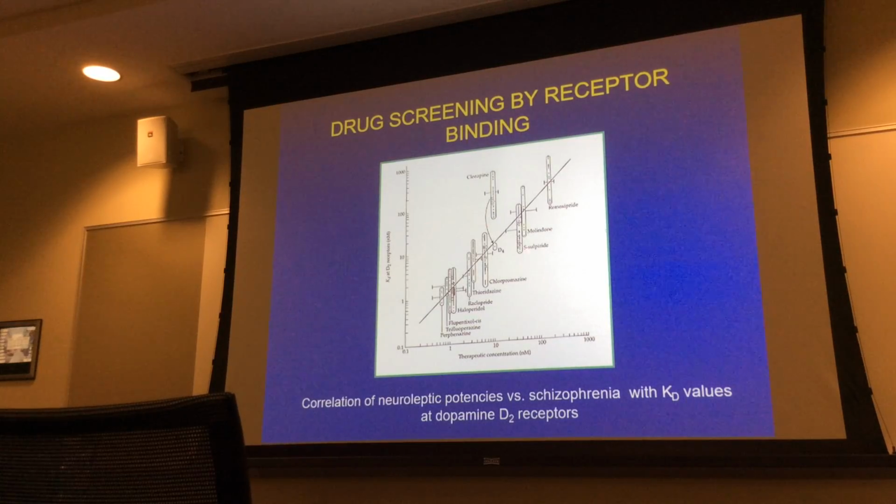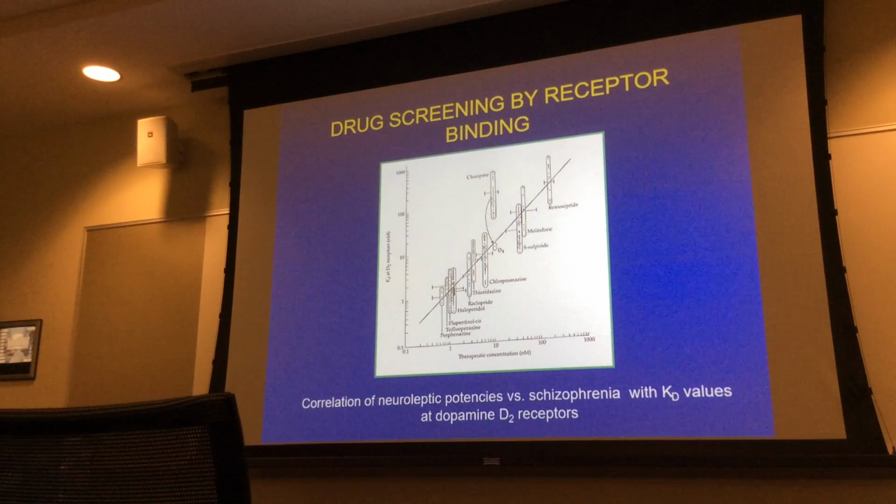So if you're developing a new drug, all you have to do then is measure their affinity not only at dopamine D2 receptors, but at cholinergic receptors and alpha adrenergic receptors, and that will tell you in basically one day, not only how potent the drug is going to be in treating schizophrenia, but it will also allow you to predict how many side effects the drug is going to have.